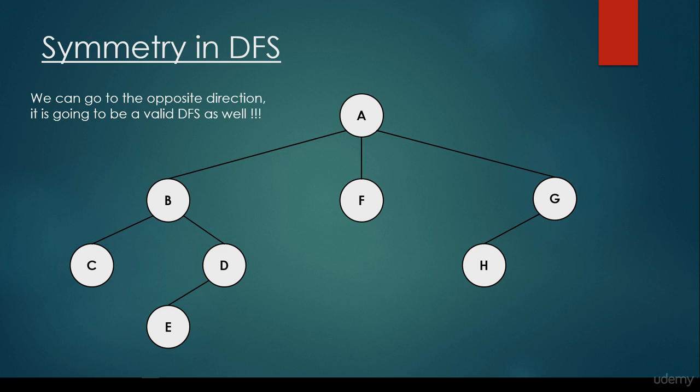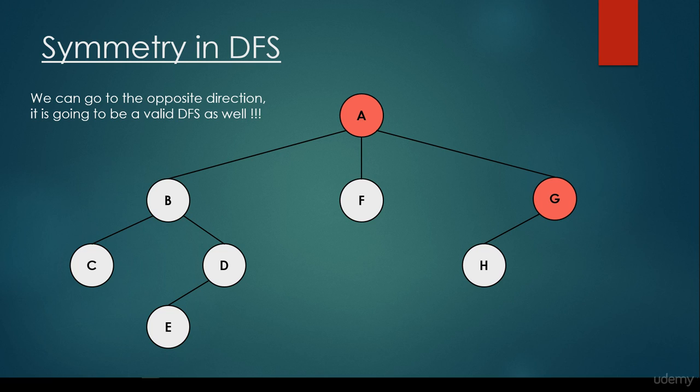And it's very important that it is symmetric, in the sense that we can go in the opposite direction, and it's going to be a valid depth-first search as well. In the first slide, we went to the left. In this situation, we can implement depth-first search so that we visit the right child first. So we're standing at the root node and we keep visiting the right subtree.